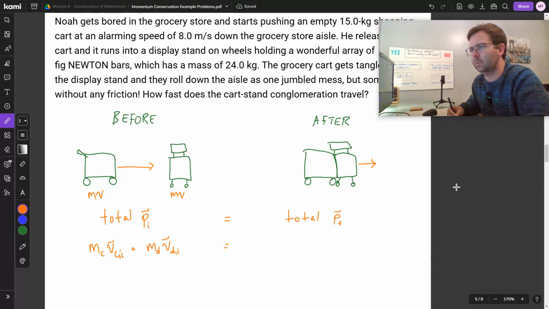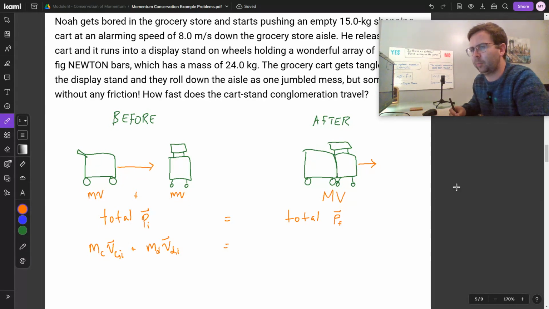So what is the momentum at the end here? They're kind of acting as one object at the end. And so it wouldn't make sense to add up a momentum of both of them when we can simply add up the mass times velocity of both of them together.